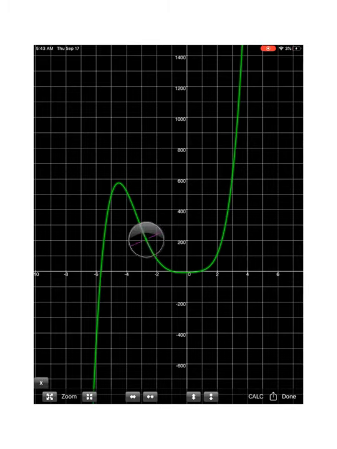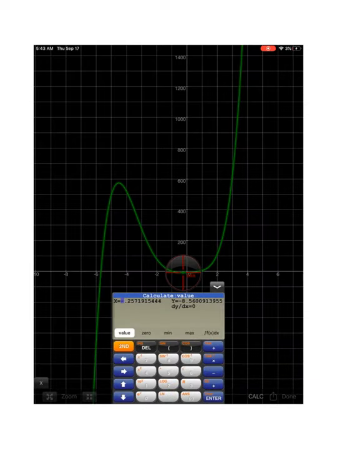So I'm just going to click on the line again, go through. There's another 0. Oh, look here, there's a minimum. And if you want to see what that point actually is, you can press calculate down below, and it tells you the exact x and y coordinate, and that is what you would use.